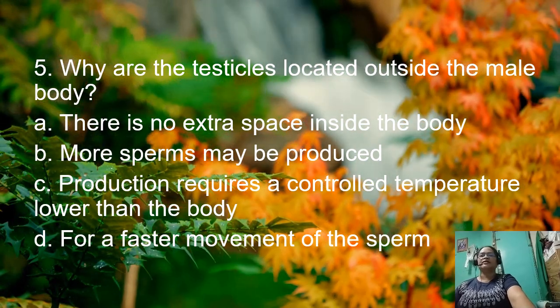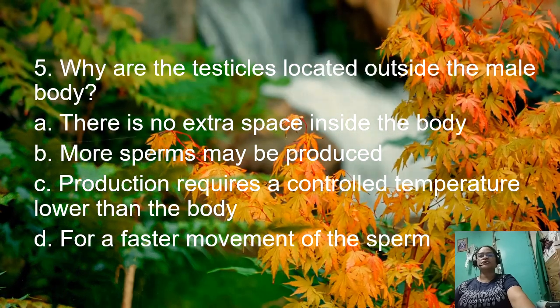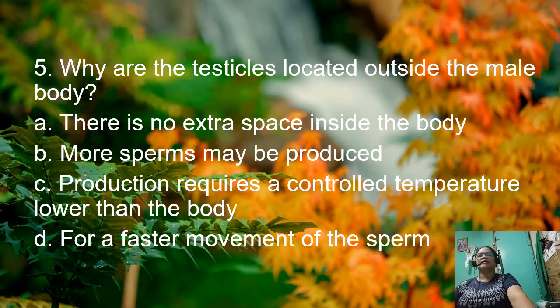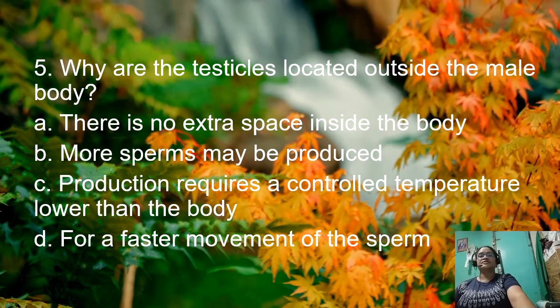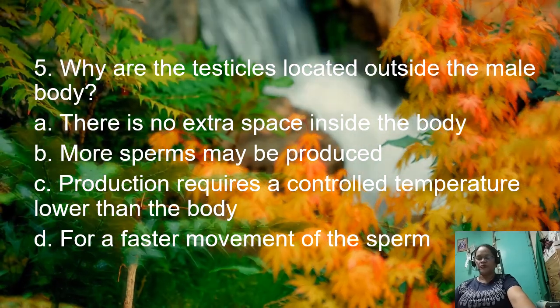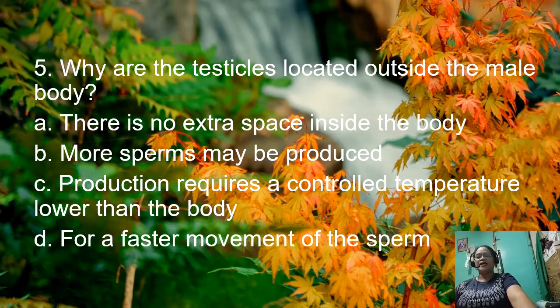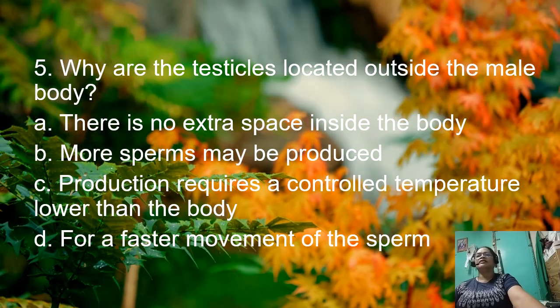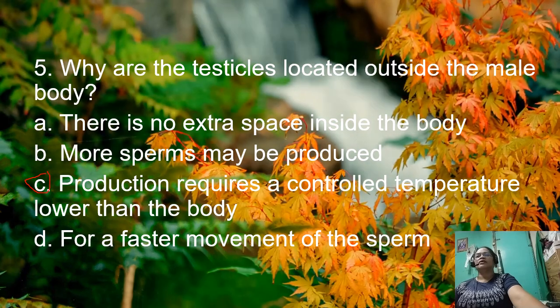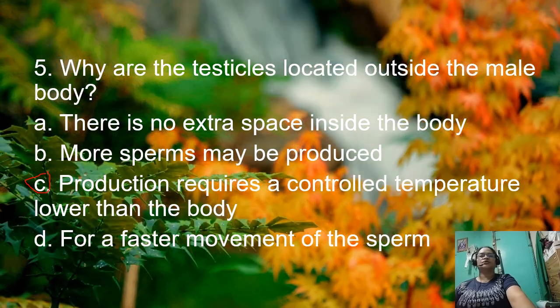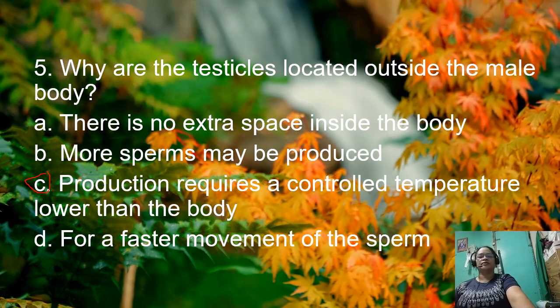C. Production requires a controlled temperature lower than the body. Letter D. For a faster movement of the sperm. Okay, the answer is letter C. Production requires a controlled temperature lower than the body.